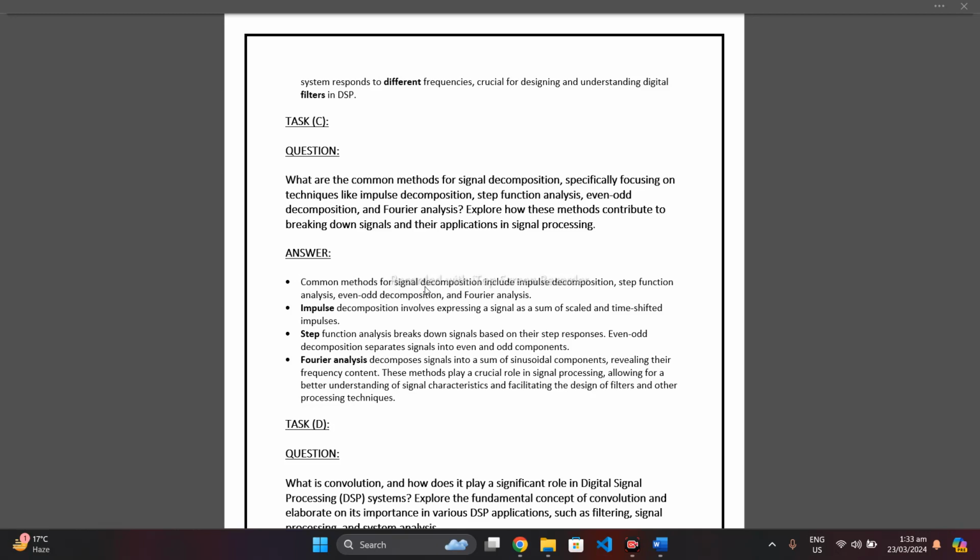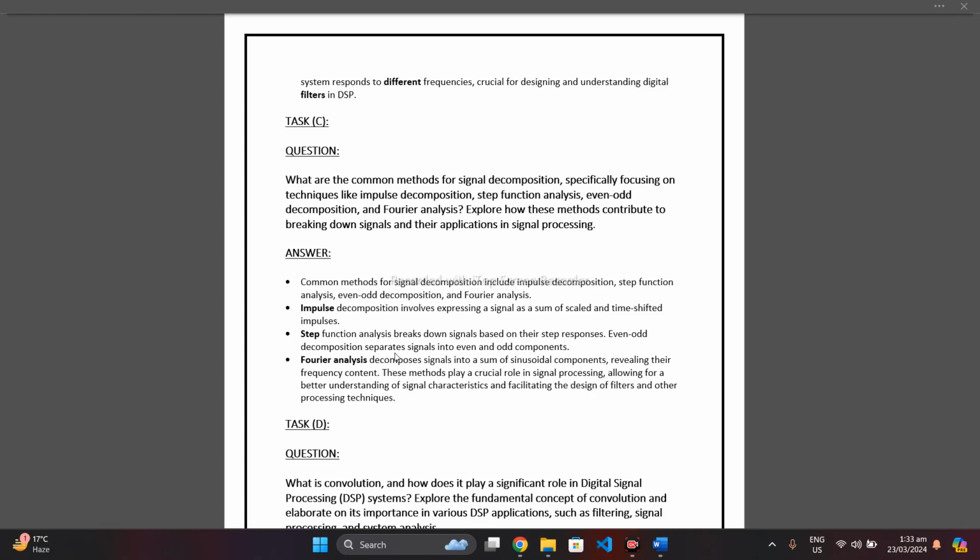Common methods for signal decomposition include impulse decomposition, step function analysis, even odd decomposition, and Fourier analysis. Impulse decomposition involves expressing a signal as a sum of scaled and time-shifted impulses. Step function analysis breaks down signals based on their step responses.